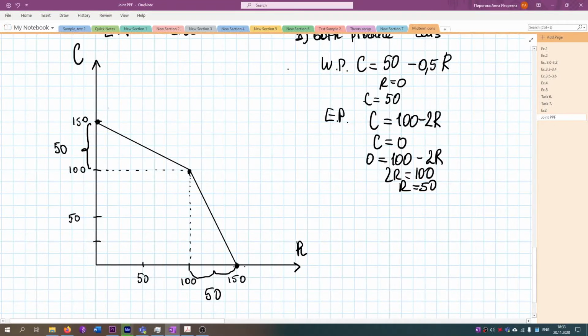Here let's put M and K. So coordinates of M point are 0, 150. Coordinates of N point are equal to 100, 100.